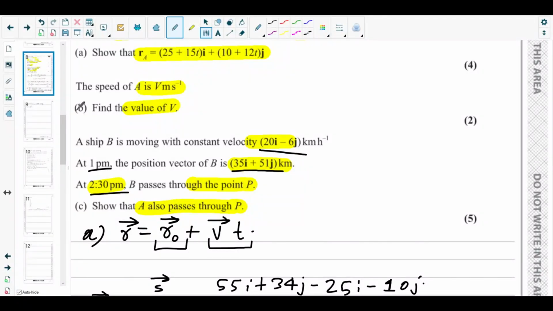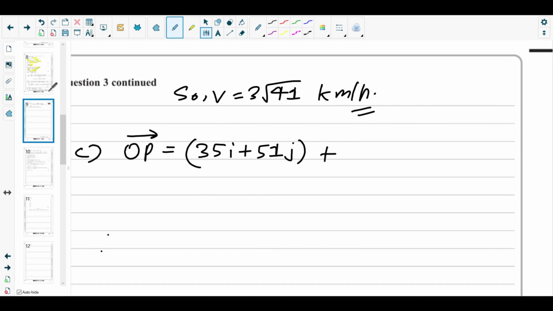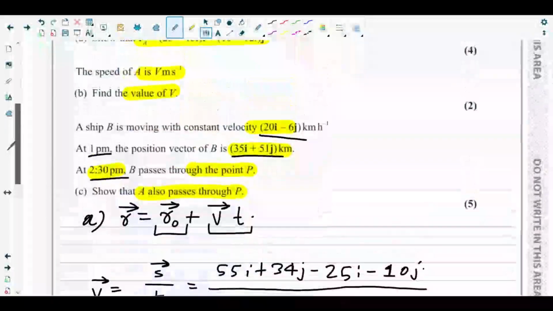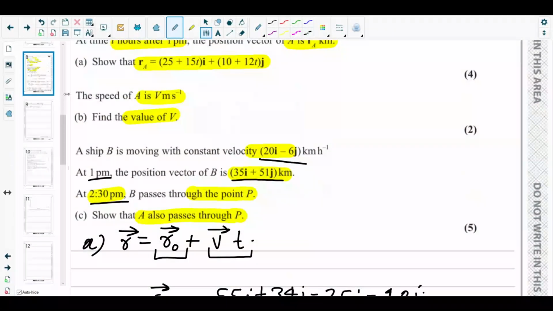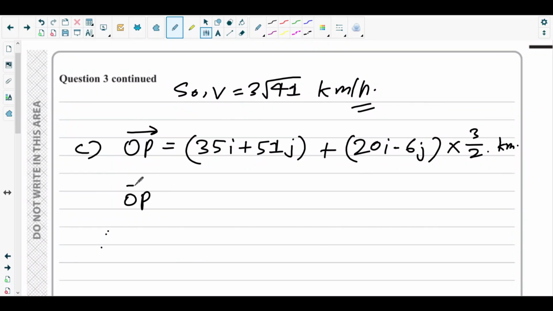So r naught is 35i plus 51j, plus the velocity. The velocity vector is 20i minus 6j, times what? 1.5. So 2:30 p.m. is 1.5, that is 3 over 2. This will be the position vector of point P.